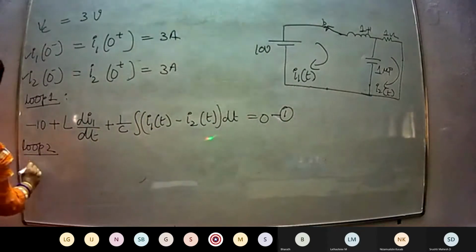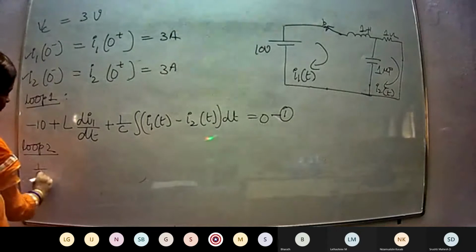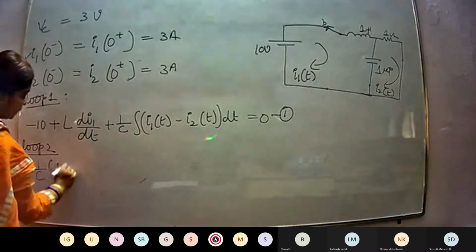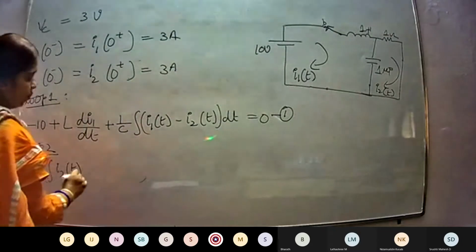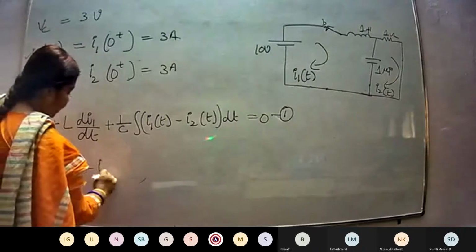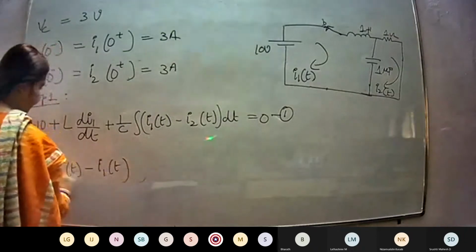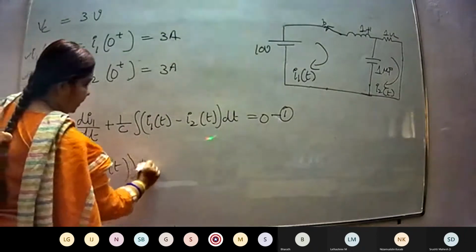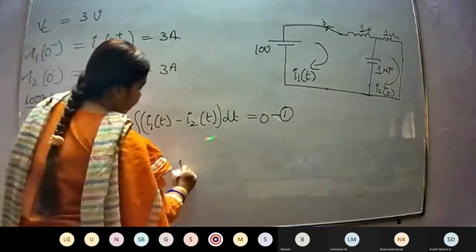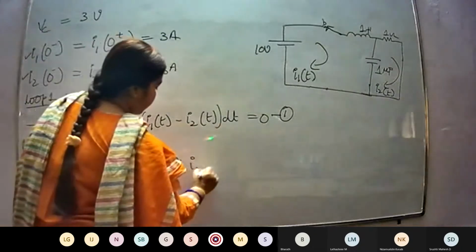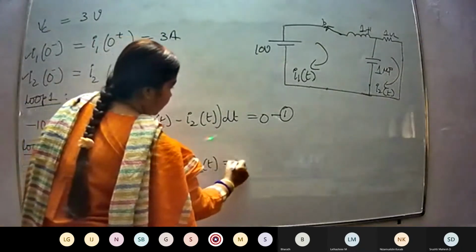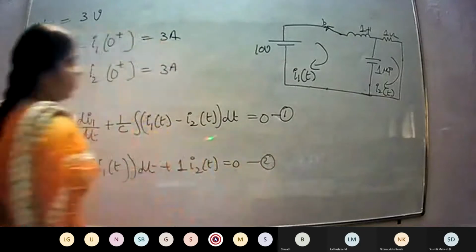So it is 1 by C integration. First we have to write I2 because it is loop 2 now. I2 of t minus I1 of t, dt, plus 1 into I2 of t is equal to 0.